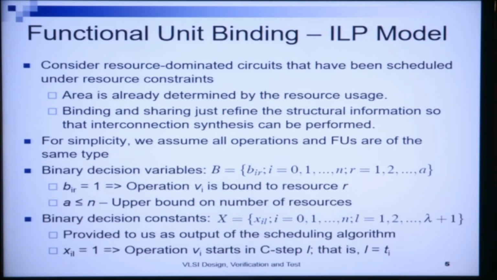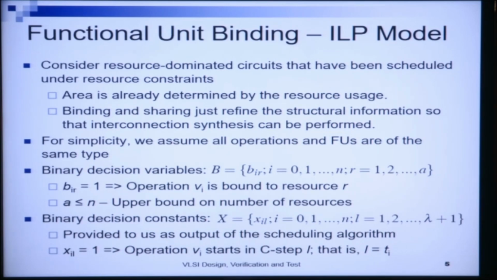Let us say a is a bound on the number of resources, and i are the operations in my operation constraints graph. Now, b_ir equal to 1 implies that operation v_i in my operation constraints graph is bound to resource instance r. Now, a less than n is an upper bound on the number of resources.